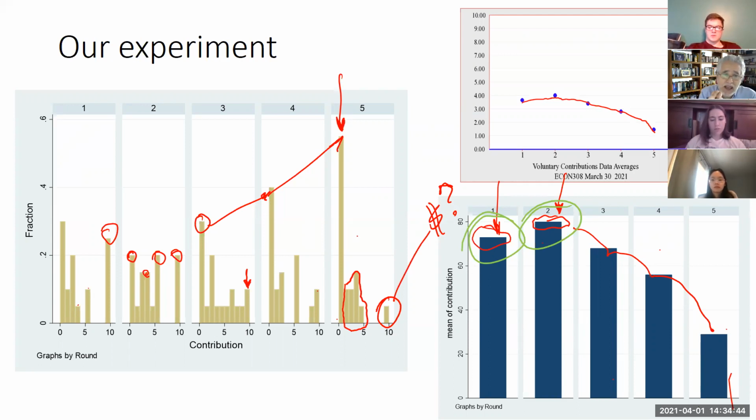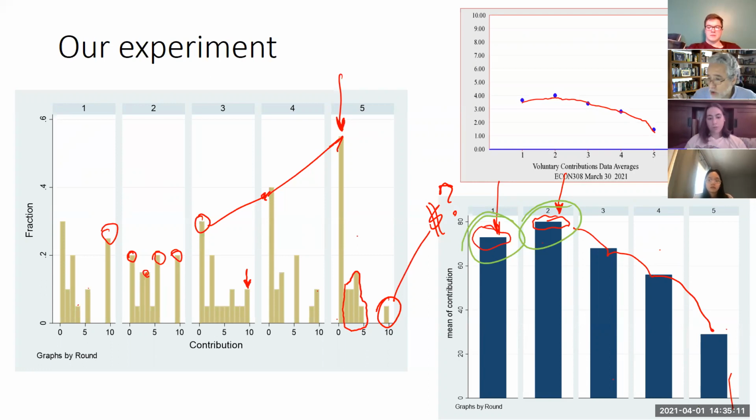If I repeat the game, for example, allowing you to chat with each other, these blue bars would not decay as fast in the following rounds. In fact, these blue bars could go up because of key elements of human rationality that were operating in your game.